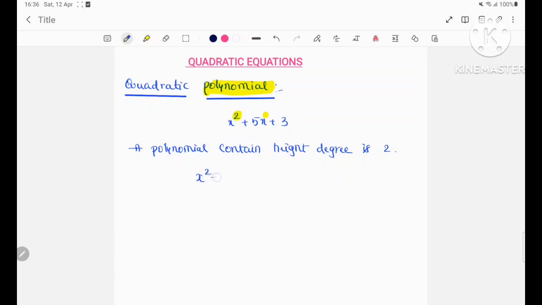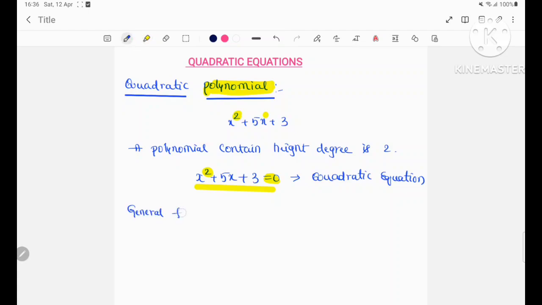This quadratic polynomial equal to 0 is called a quadratic equation. So this is a quadratic equation because it is a quadratic polynomial. Here the highest degree is what? 2. So a quadratic polynomial having an equal symbol is called a quadratic equation. The general form we need to discuss after that.